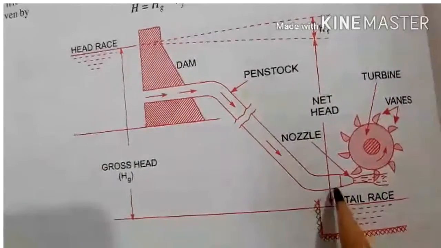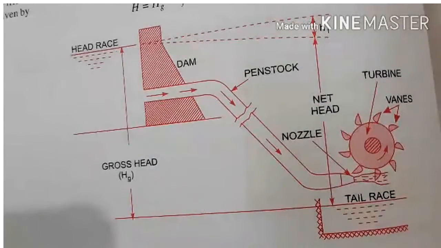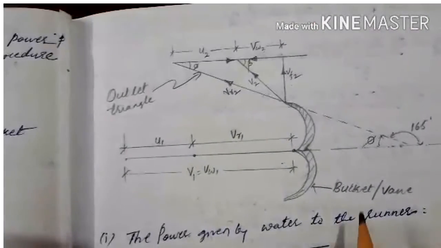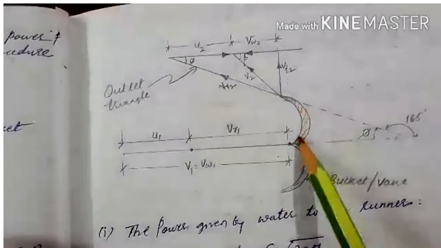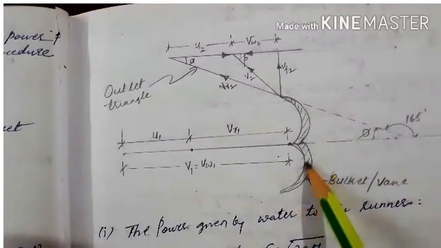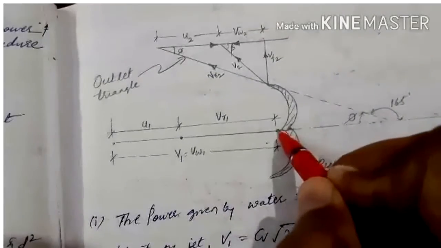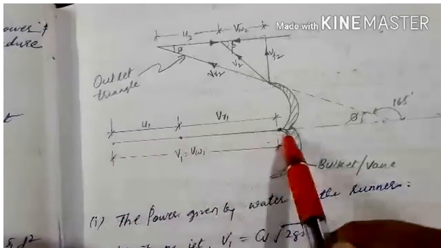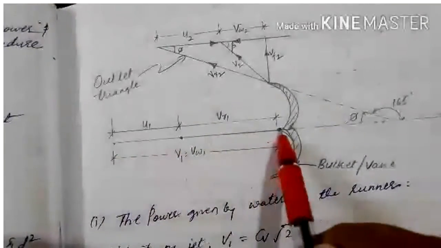Then after the water passes over the blades, the angle of deflection will be 165 degree. So this is the velocity triangle you have to draw first. This is the cross section of the blade, which will be like this, and this is the splitter. The water comes and hits the splitter, and the inlet velocity triangle will be a straight line.